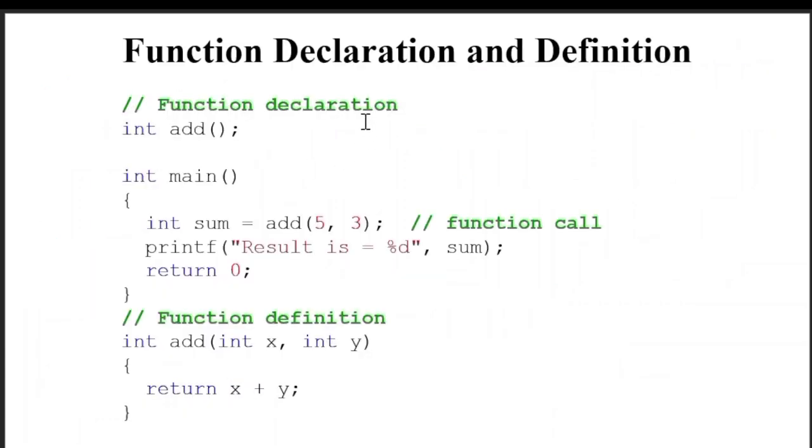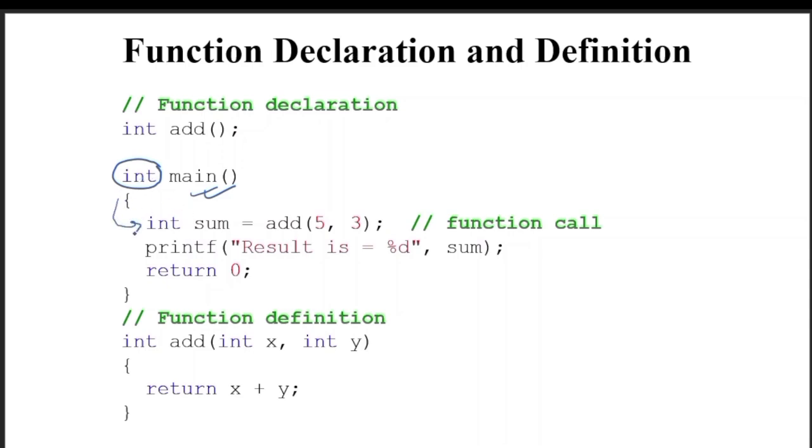So let's understand all these with the help of an example. This is one example of a function where our program execution starts with the main function. The return type of this function is int, that is, this main function is returning an integer data type value.